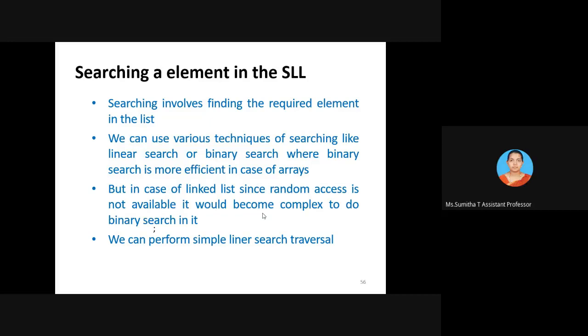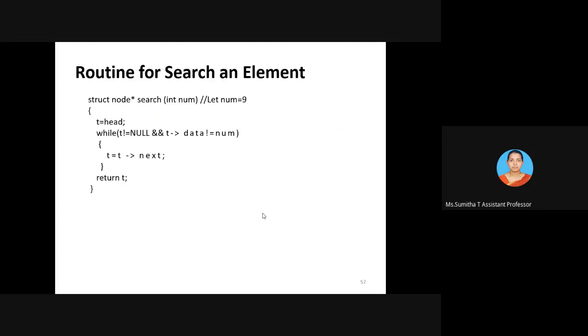Which one is best for a linked list, binary search or linear search? Linear search, madam. Why? Because in binary search, we start from the middle and keep shrinking the borders, madam. But here, since all the nodes are in random locations, we can't do that, madam.